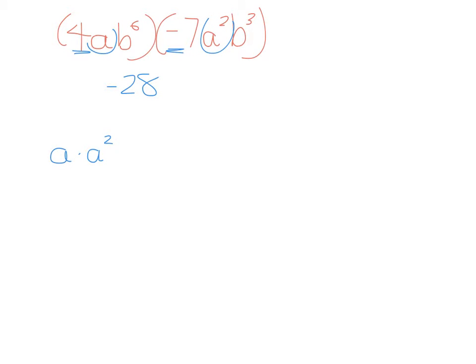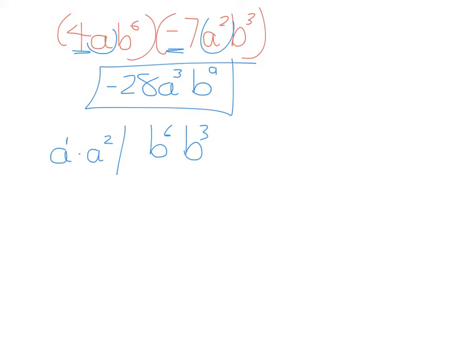Well, when it's just an a and there's no exponent there, it has an exponent of 1, even though it's not written in. So a times a squared equals a to the 3rd. And now I'm going to multiply b to the 6th times b to the 3rd and add those exponents, and that would be b to the 9th. And that would be that problem. Let's do just a couple more.